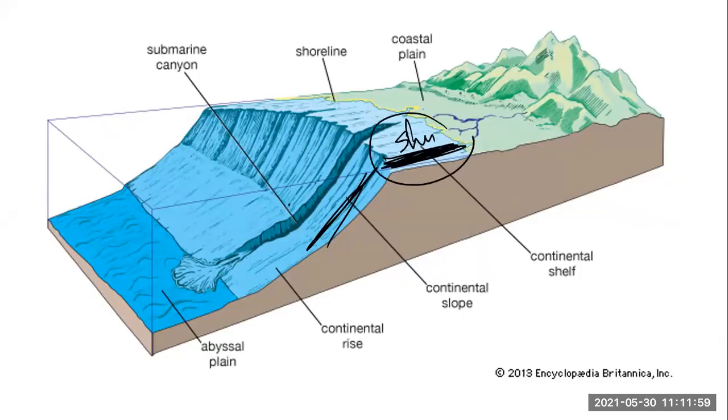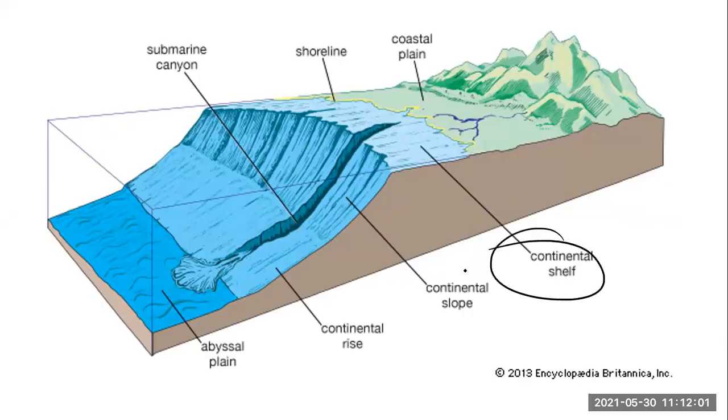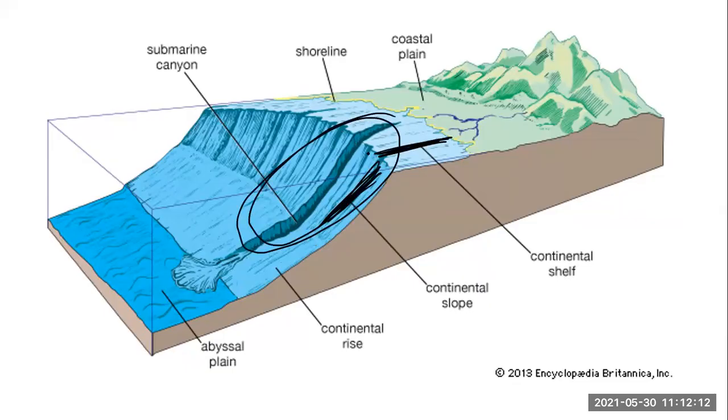You can see the continental shelf region as well as the continental slope region. So this is the continental shelf and this is the continental slope. A valley which cuts across the continental shelf and the slope region is what we call a submarine canyon. And most submarine canyons are usually found at river mouths.